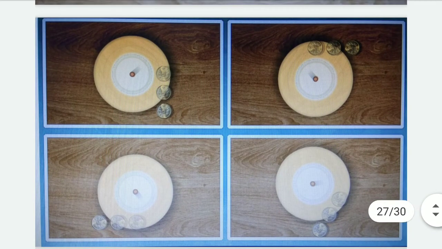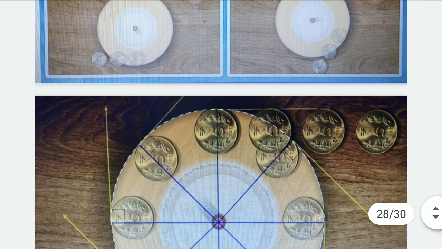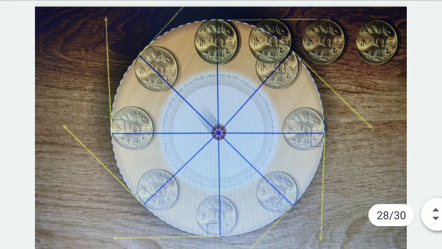In this picture, we can observe again the coin is thrown off in the direction of the tangent, and we know that the tangent is perpendicular to the radius of that circle. Here it is the disc. At various positions we can see how it can be thrown off tangentially.